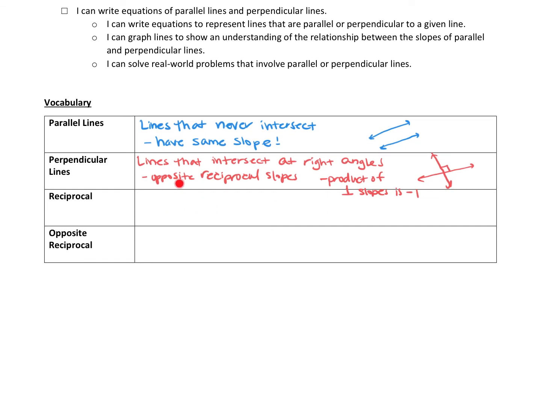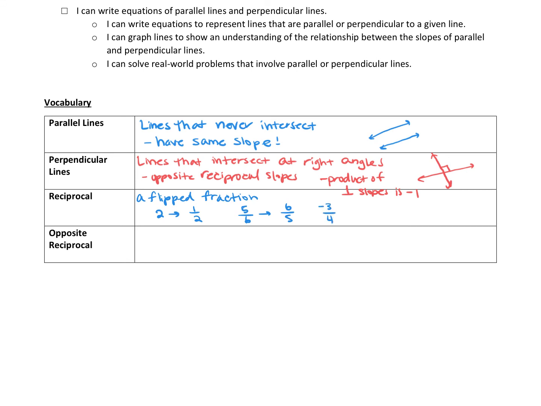All right, we used a couple words here, reciprocal, opposite reciprocal. Let's just make sure we remember what that is. A reciprocal is just a flipped fraction. Some examples, if I have 2 and I flip it, I get 1/2. If I have the fraction 5/6 and I flip that, I get 6/5.